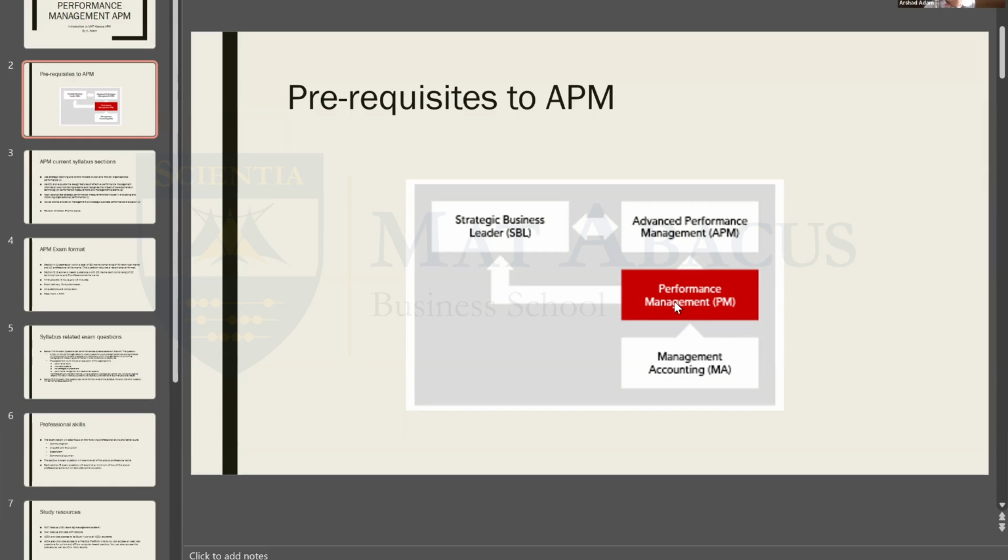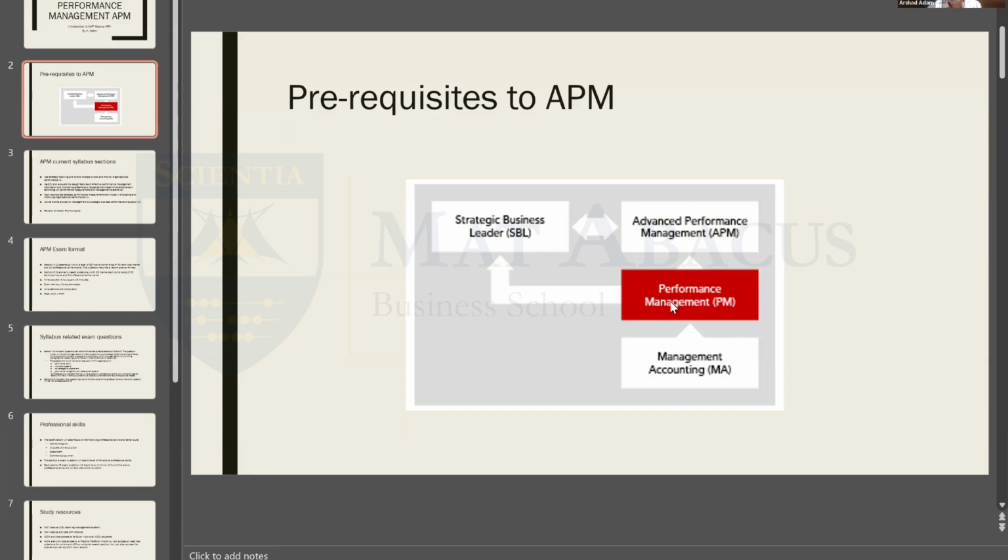So this can be easily resolved by the student themselves reviewing what they have done in performance management. And there are articles which I will show you, and I'll upload it in the LMS, which will tell you which are the topics. Now, during class, you will see that we will review some of these topics.